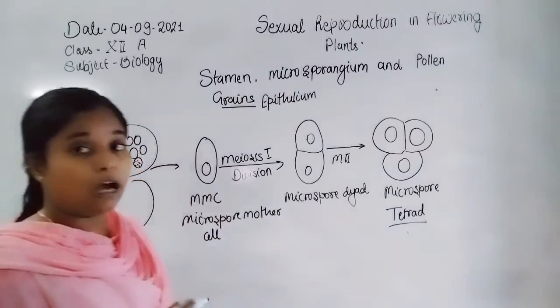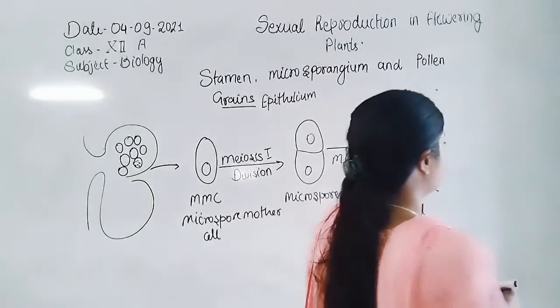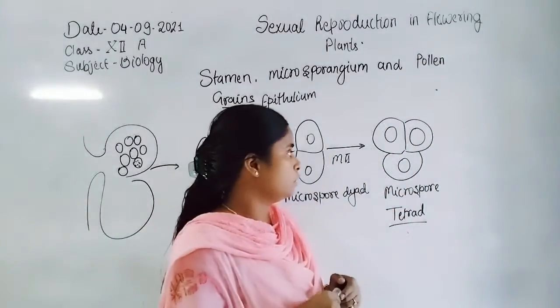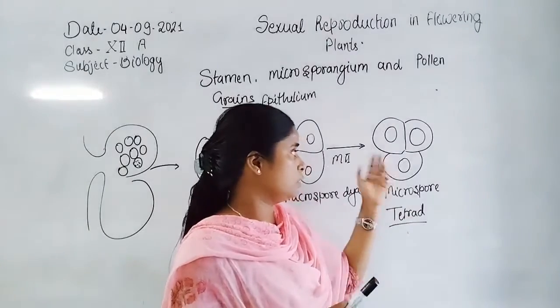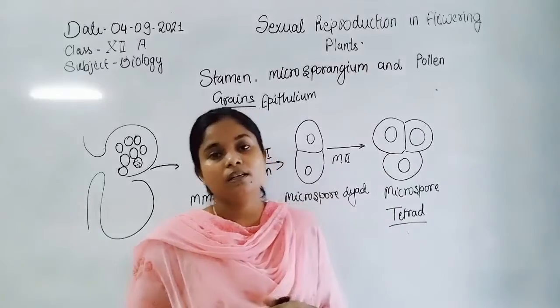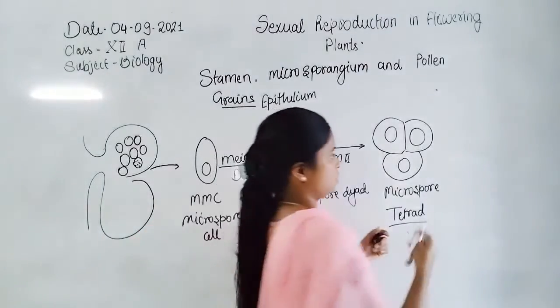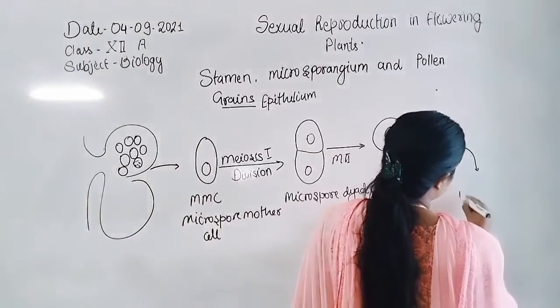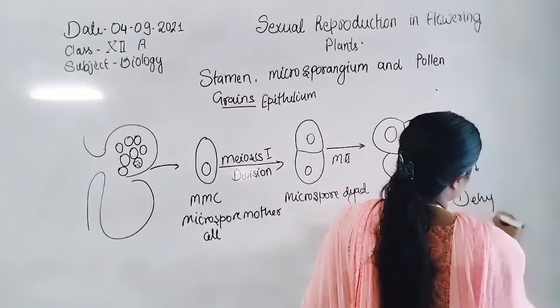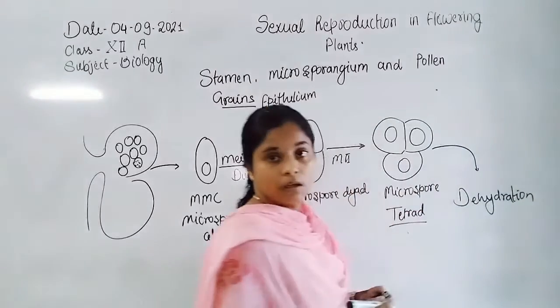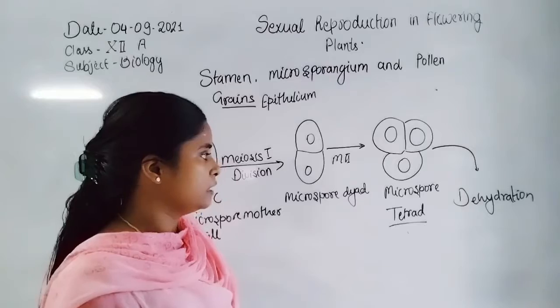Now, just after the meiosis division, the tetrad structure gets formed, and this tetrad undergoes dehydration.